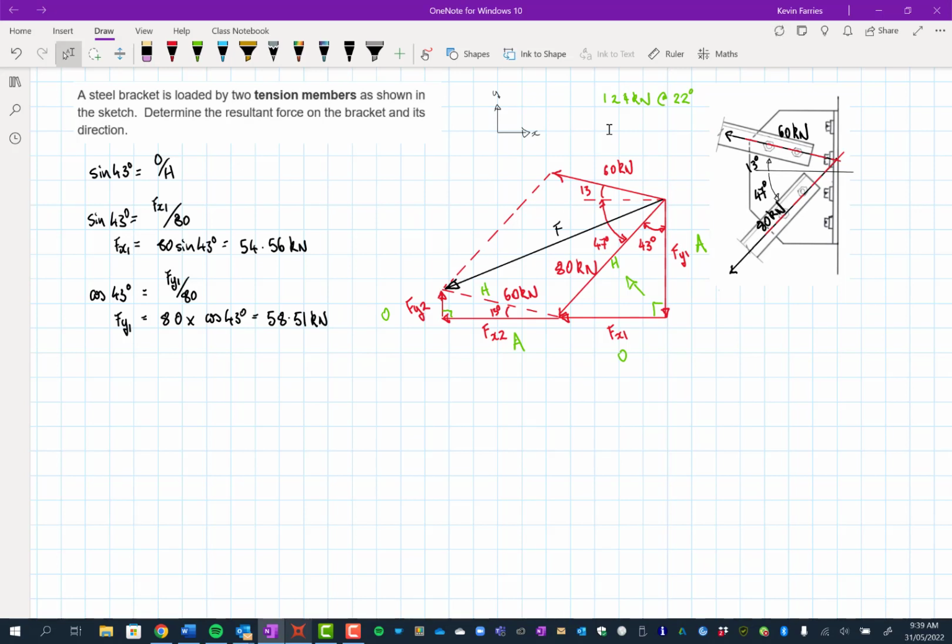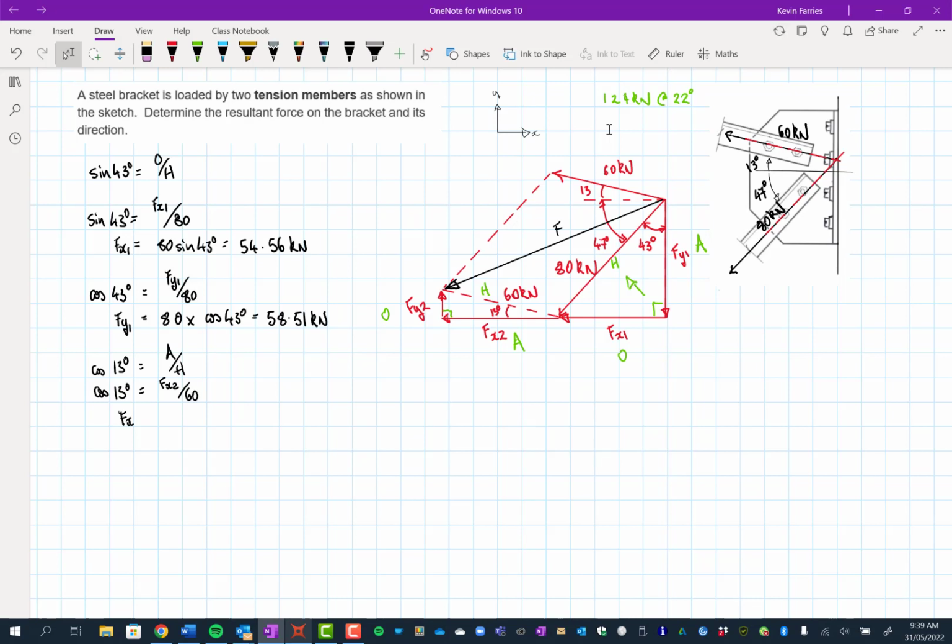So therefore, cos 13 degrees is equal to adjacent over hypotenuse. So cos 13 degrees is equal to Fx2 divided by 60.